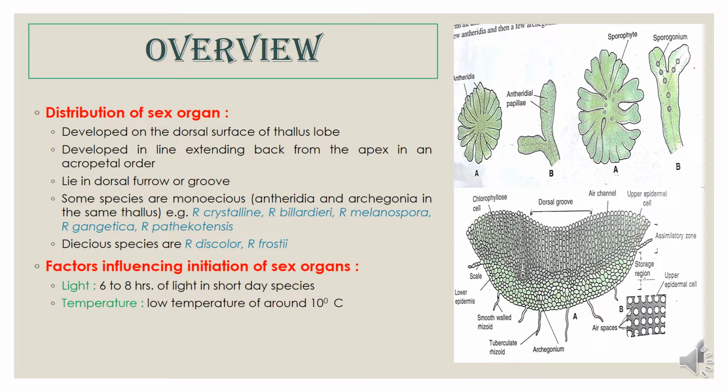We know that the thallus of Riccia is dorso-ventrally flattened and has lobe-like structures. Here we can see the thallus of Riccia, and each of the lobes is dichotomously branched.